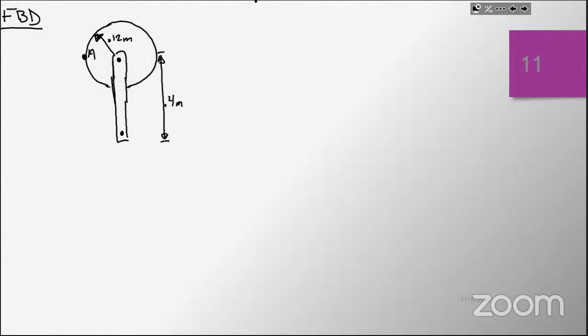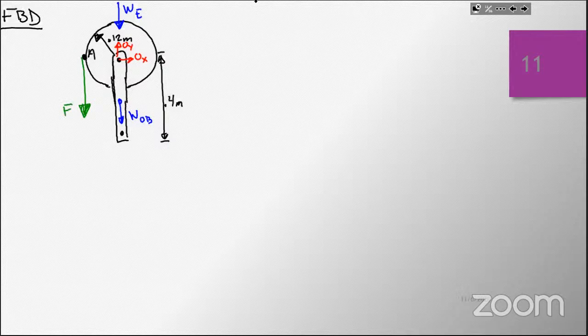In terms of forces, I'm going to draw this up here. I've got the weight of gear E. I've also got the weight of OB, that shaft. I've got some reactions at O, I'll call these OY and OX. And I have some force here.